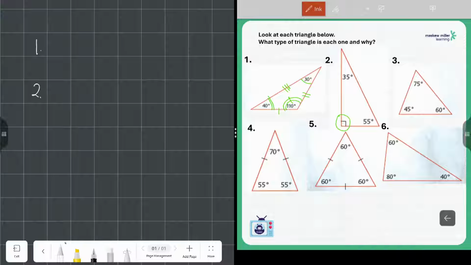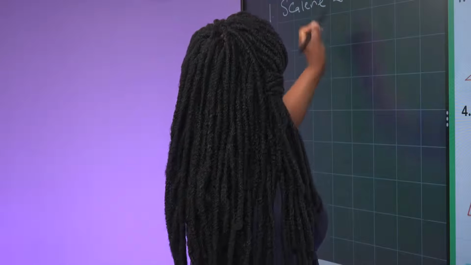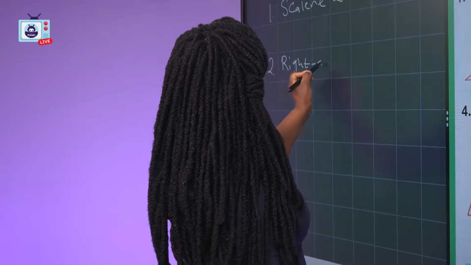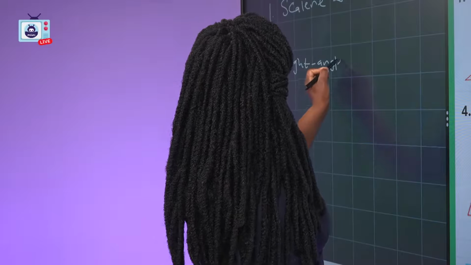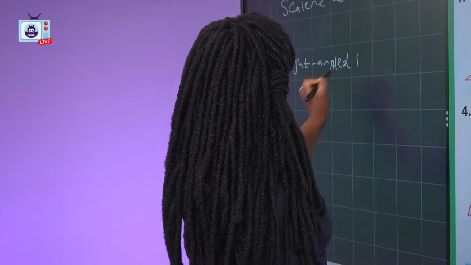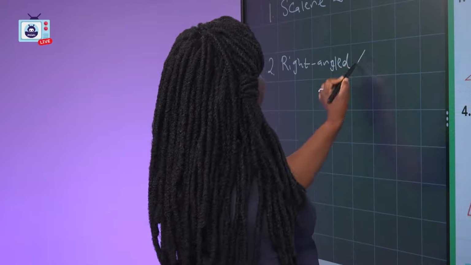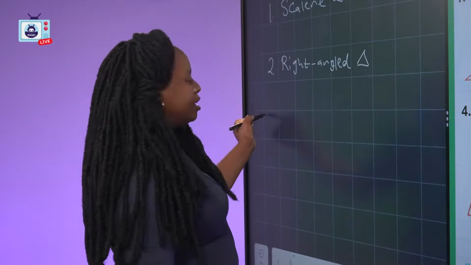Okay, so we do have those triangles. Let's do this. We have a scalene triangle, we have a right-angled triangle, and then what else do we have?